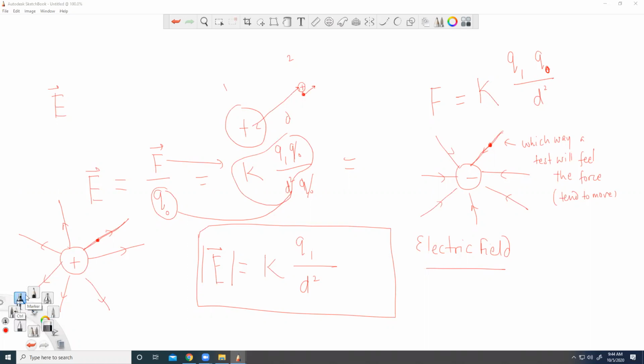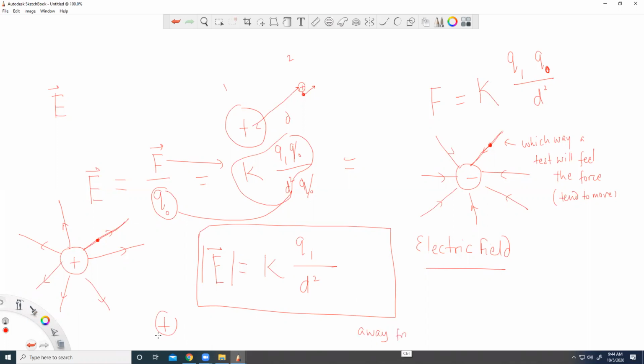No, it's not absolute. We also need to consider the direction here. That's a very good question. We also need to state the direction here, but I'm not showing the direction here. Depending on what your charge is, you will have to mention the direction. If it is positive, then you need to say the direction is away from the charge.